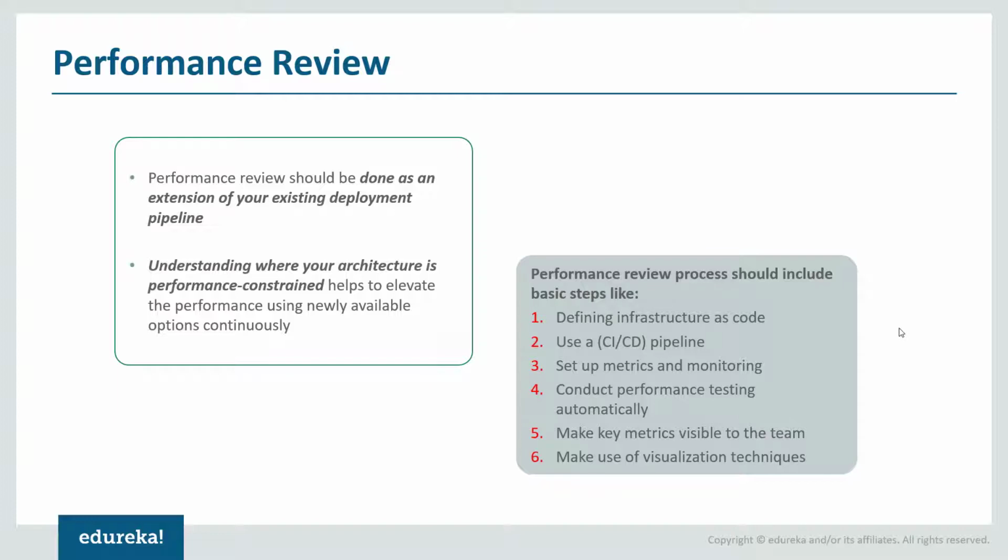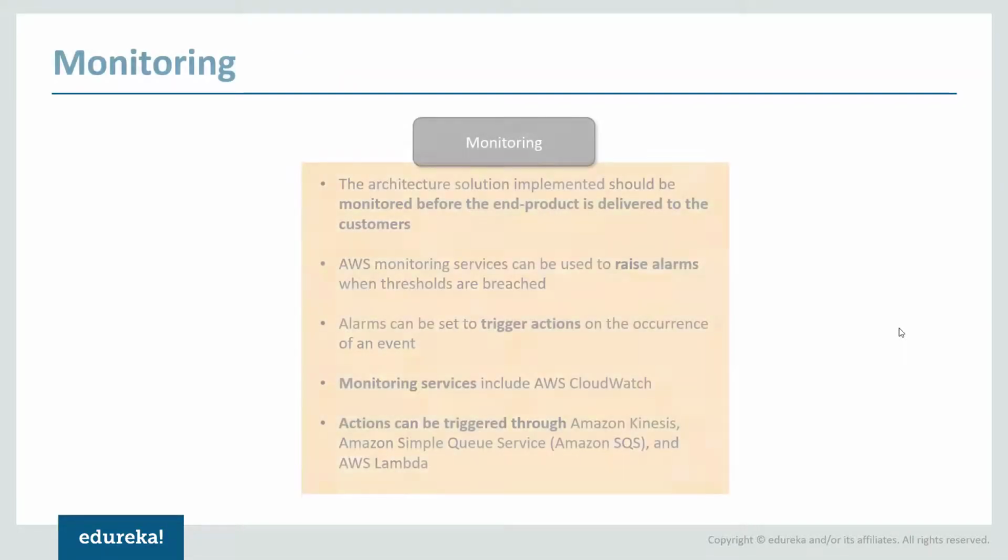Now, performance review can include defining the code in the form of infrastructure as code, or using a DevOps CI/CD pipeline, setting up metrics and monitoring, which can give you alerts on a timely basis, and conducting performance testing. Make metrics, calculate the metrics, do a comparison, or do graphical analysis and visualizations, and see where you're performing well and where you're not performing well. For that, you need continuous monitoring.